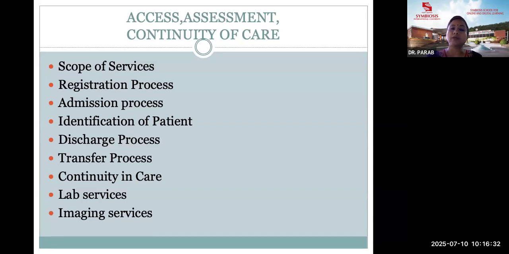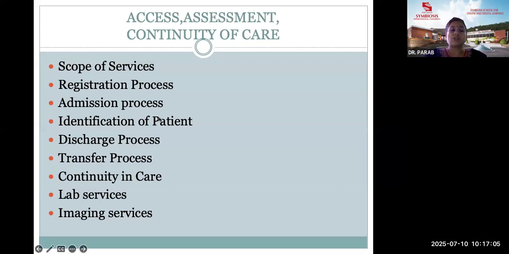Either of these two could be possible. So, based on that, NABH wants us to define the criteria for admission into the ICU. Which are the cases where ICU admission would be necessary? Which are the cases where ward admission would be necessary? How would you define this? How would you allocate a particular patient to a particular ward, and so on? Okay, so all that comes under the admission process. It's more of a clinical criteria over there that we're looking at.